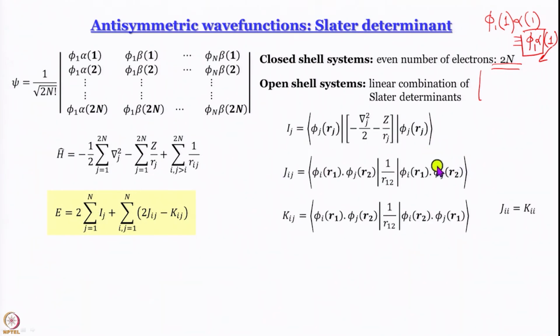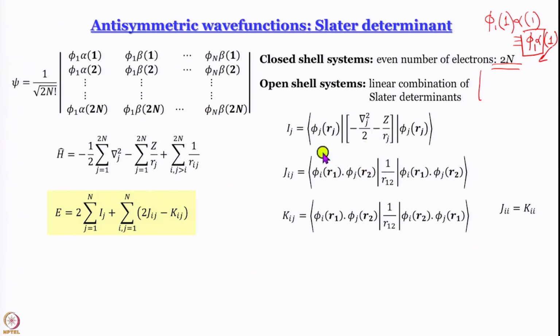Ij is this integral. So you can see what we have done, we have defined 3 integrals, and we have defined them that way because they arise automatically when you write the Schrodinger equation, then left multiply by an orbital and integrate over all space. So the first integral contains the operator for kinetic energy and potential energy for a single electron, right.